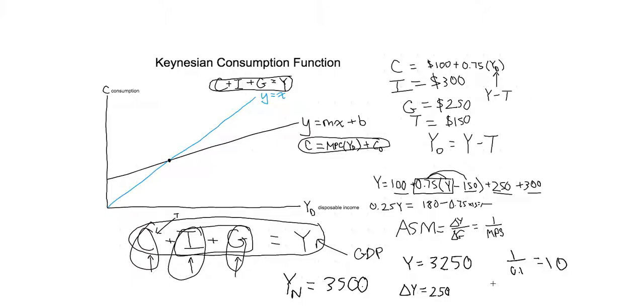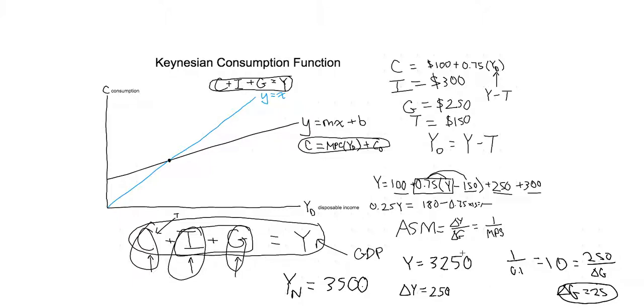So that means, actually, whatever we spend from the government sector, it'll increase GDP by 10 times. Okay, so which means if we plug this into our equation, 10 equals 250 divided by delta G. And delta G is clearly 25 if you do the math.